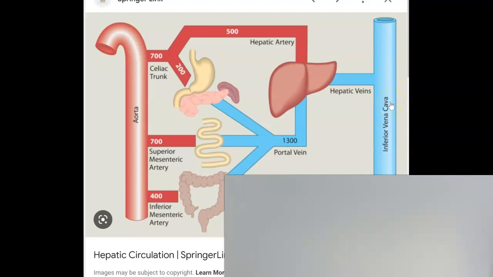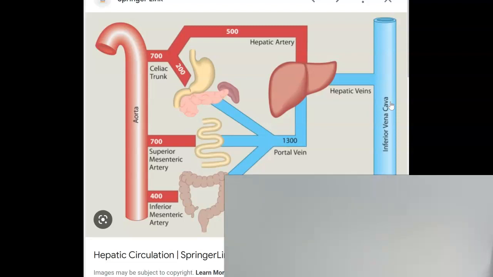So all of these work together, and you see it at a macro level and a micro level. The lobules that have the central vein in the middle are feeding into the hepatic vein, and then the inferior vena cava, going into the rest of the circulation. So the inferior vena cava feeds right into the right atrium, which goes into the right ventricle.